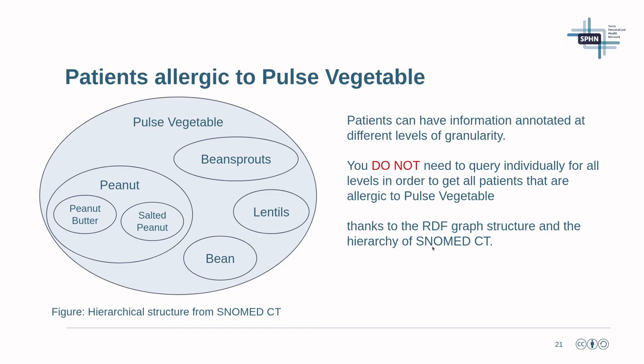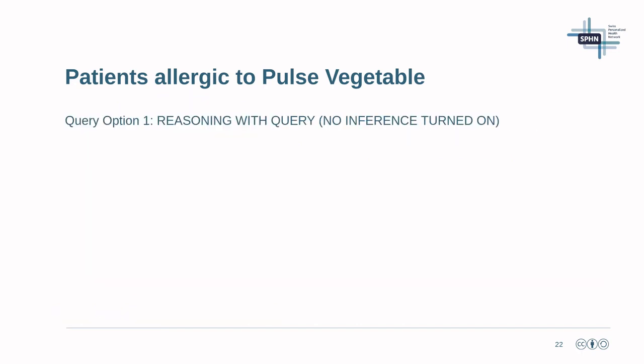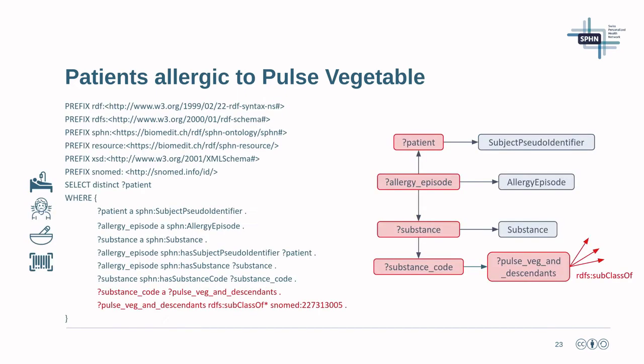But thanks to the graph structure provided with RDF, and especially with the hierarchical structure from SNOMED CT, we can do this query in a more straightforward way. So there are two options to query the patients that are allergic to any type of pulse vegetable. One is to reason with the query, and in this case, we do not have any inference turned on. We will see what this means later.